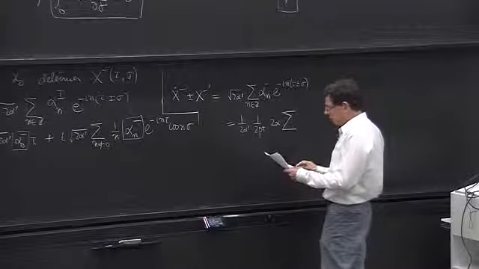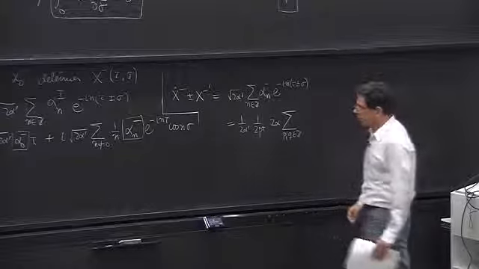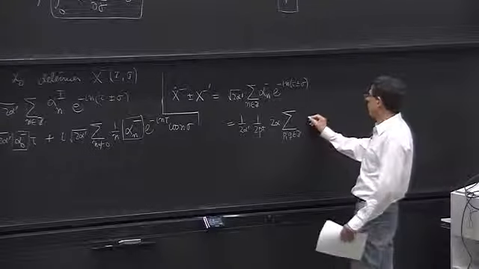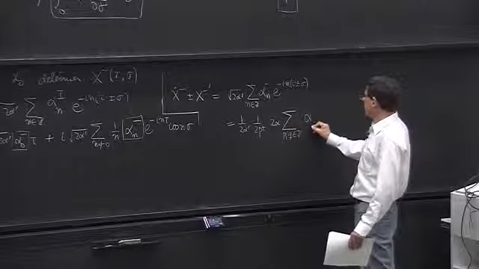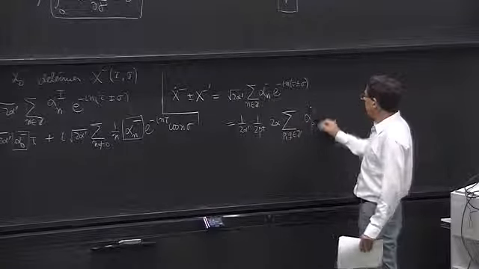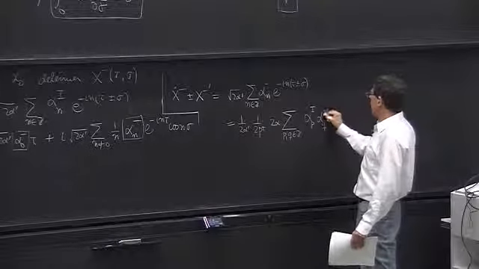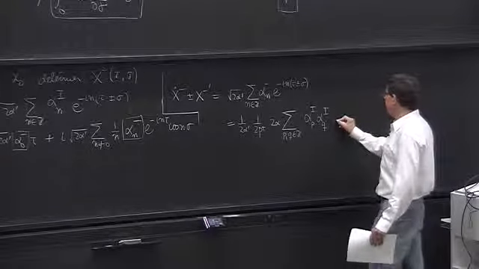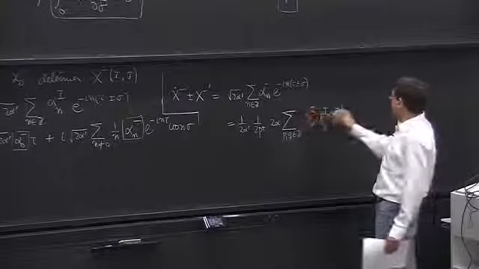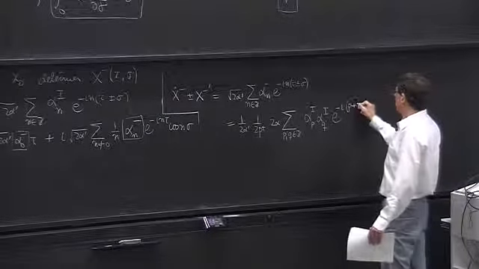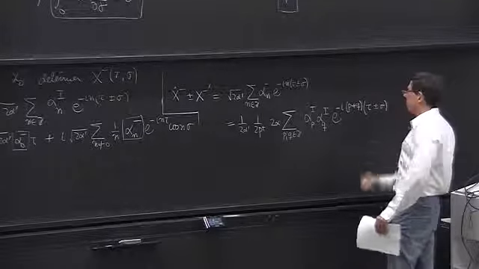Sums over p and q belonging to the integers. For the first factor, I would put e to the alpha p i. For the second factor, an alpha q i. And then e to the minus i p plus q, tau plus or minus sigma.